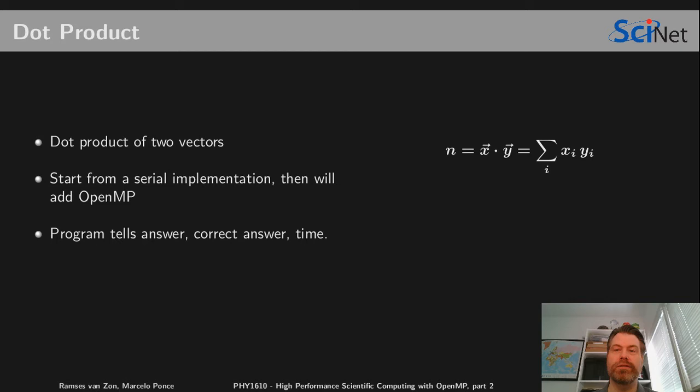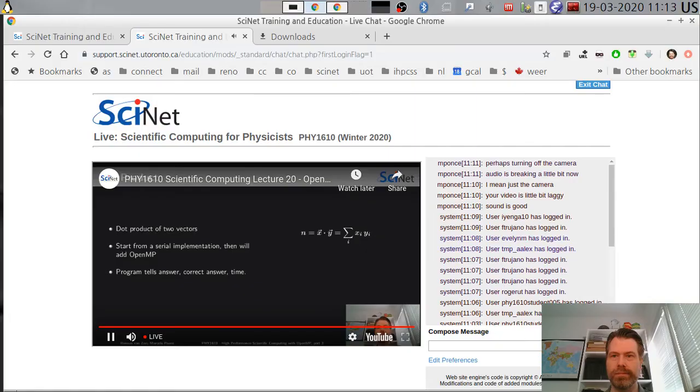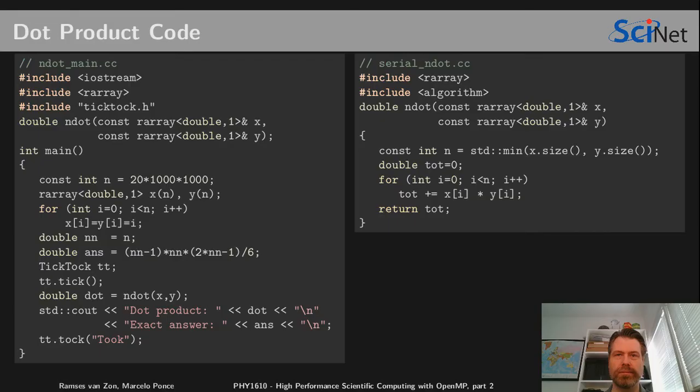So here's a little code that does a dot product. The code on the right is in fact the dot product itself, but the code on the left is sort of the driver. The driver on the left here sets up two arrays, x and y, and then fills them with elements.